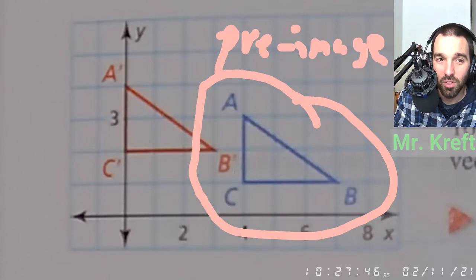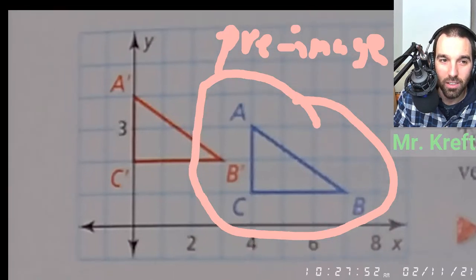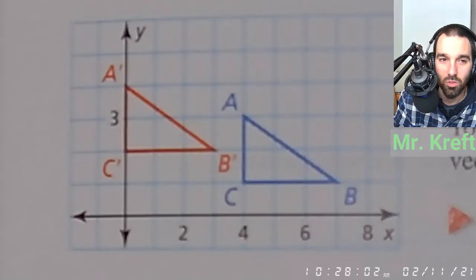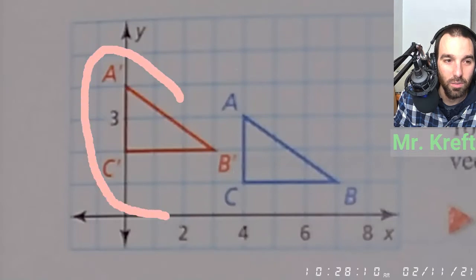This is what I call my pre-image, because notice the A, the B, and the C don't have anything with them. So that is a pre-image. And then what I have over here in red is my image.